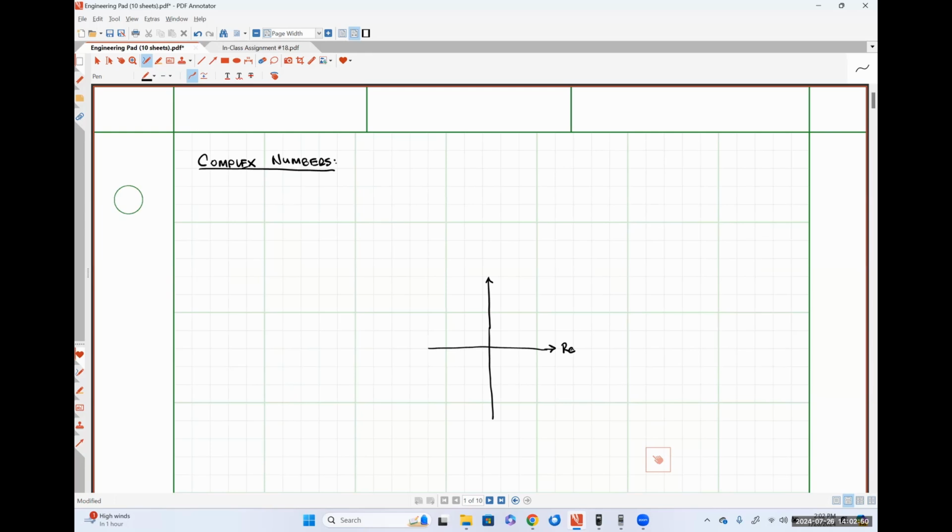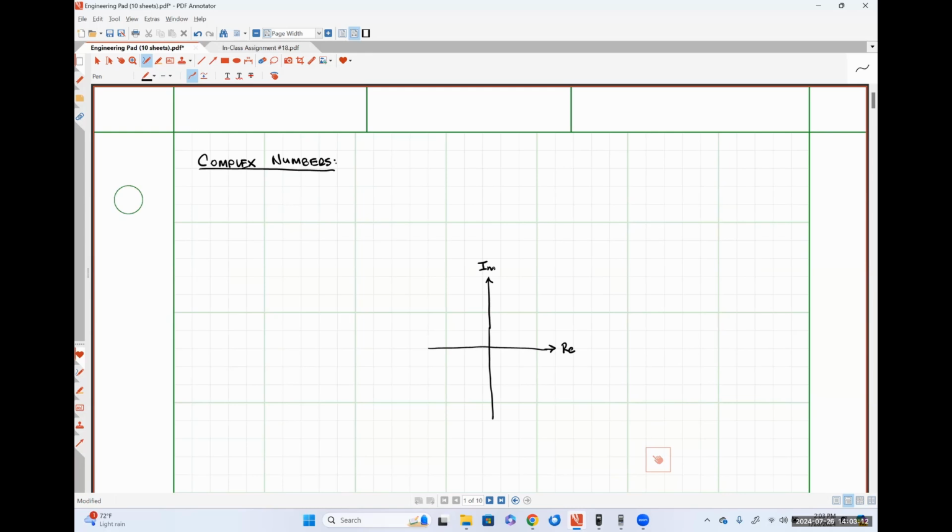And then our vertical axis is another number line, but it represents imaginary numbers, where imaginary negative infinity is all the way at the bottom, and positive imaginary infinity is all the way at the top.